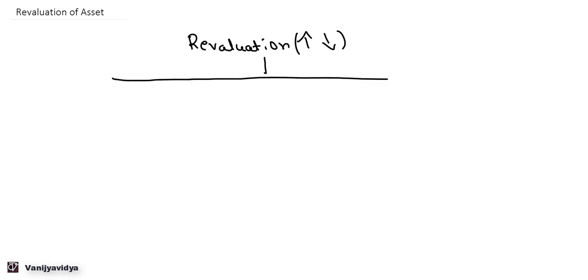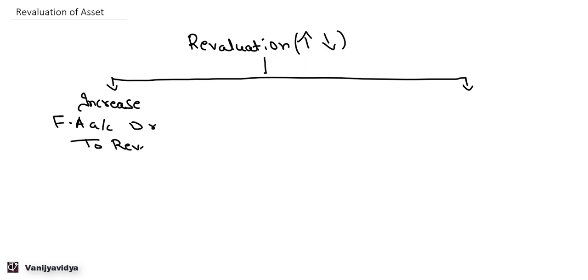Now, whenever there is an increase in the value of the asset because of revaluation, then the entry for this will be fixed asset account debit to revaluation reserve account.